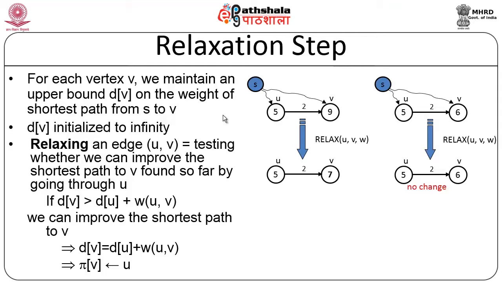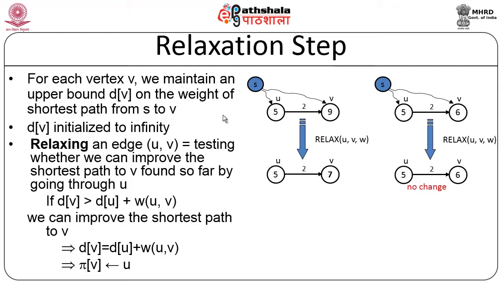Assume V has the minimum weight d[V], and if you find that d[V] is greater than d[u] plus the weight of uv, we can improve the shortest path, because going through u will give you a shorter path to V. So, d[V] becomes equal to d[u] plus w(u,v), and now remember the pi of V becomes u, because u has been added.